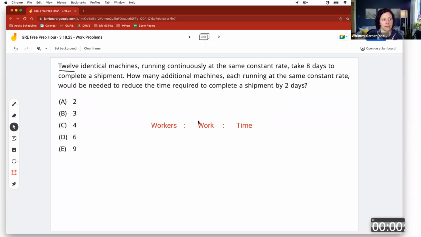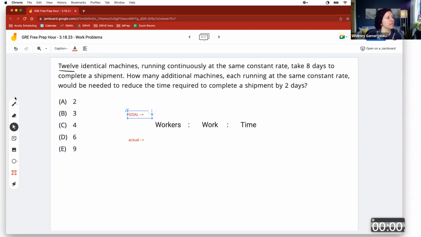And then beneath it, I'll put the actual numbers that are given, like my starting numbers. And above it, I'll put my goal numbers, my targets, if you will.